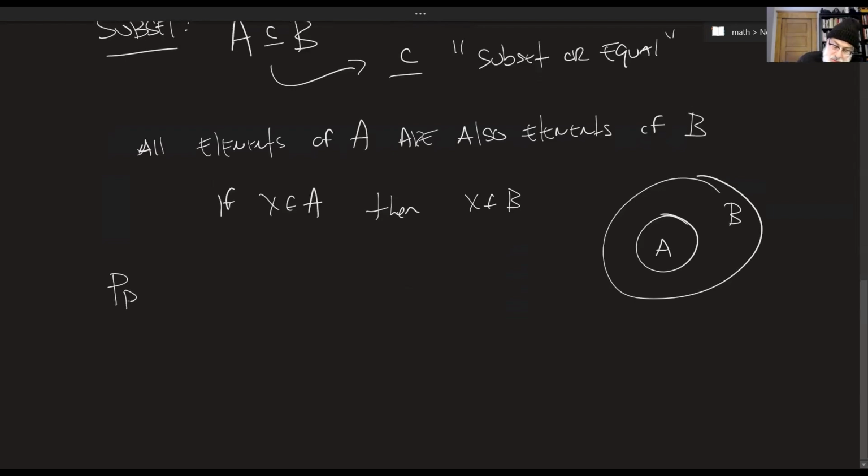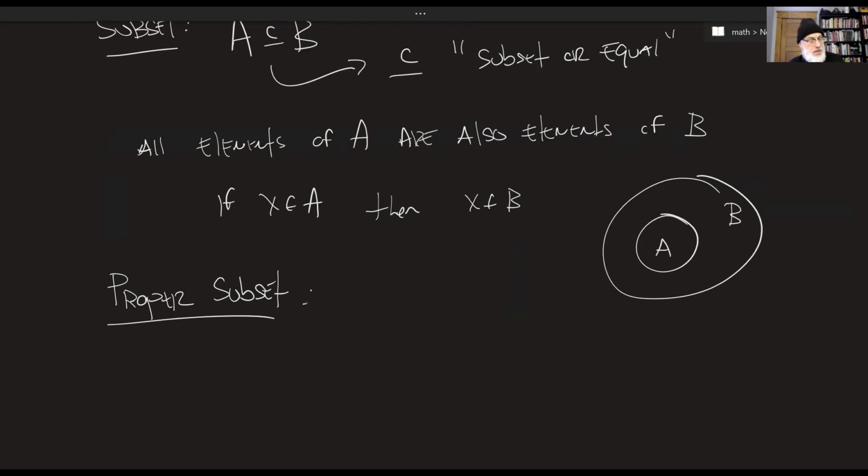This leads us to a proper subset. Now, when I write subsets, I usually write the subset or equal symbol, the one above, just out of habit.